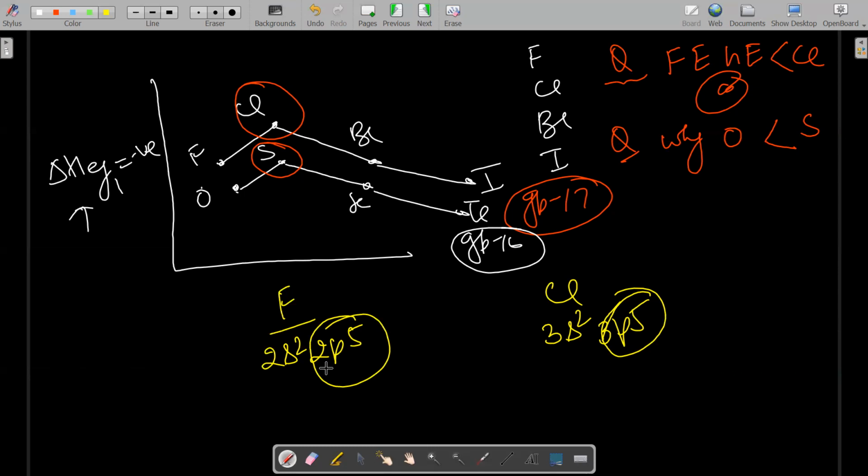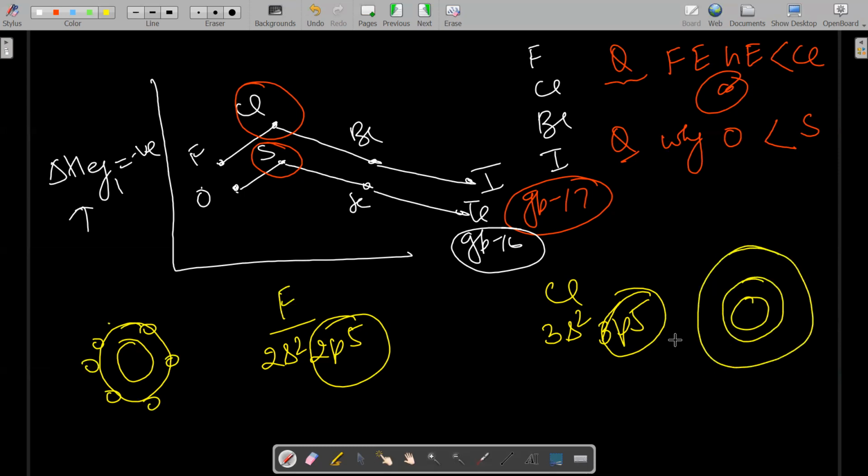So when we discuss the 2p orbital or the size, fluorine has the second shell, a very small size. There are already 7 electrons in it, while chlorine has a larger size.